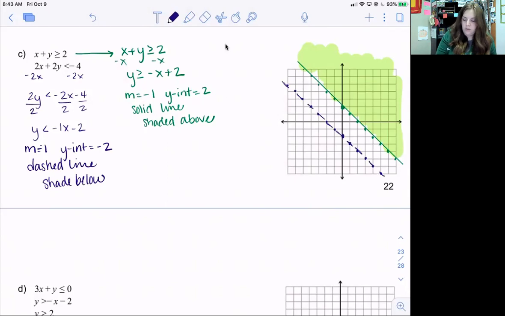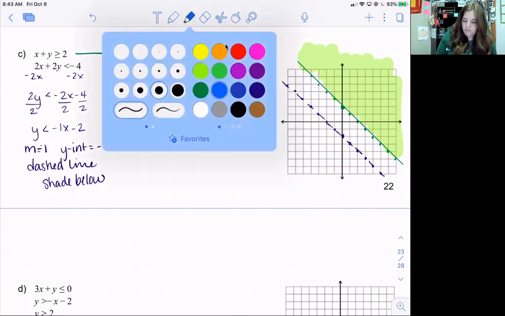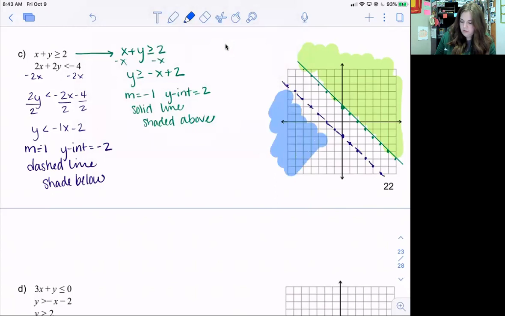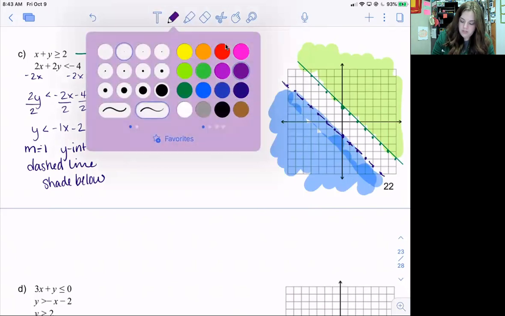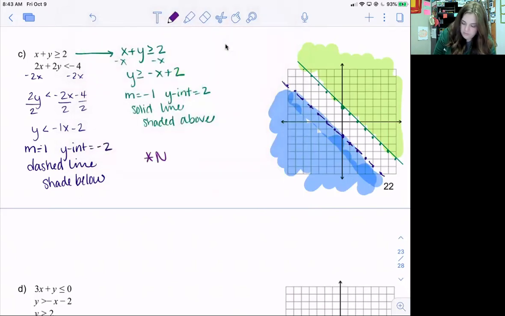Okay, and shade below. So now we have to ask ourselves, does our graph ever intersect? Do the shaded regions ever overlap? And the answer is no. So because there is no overlap, we're going to have no solution.